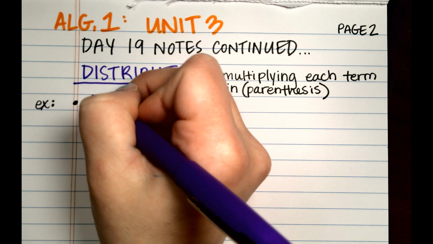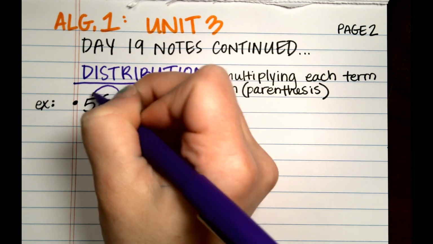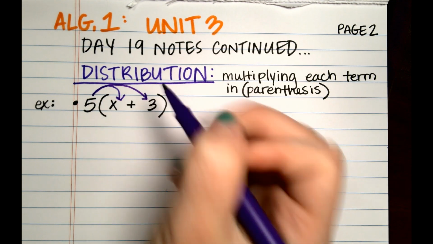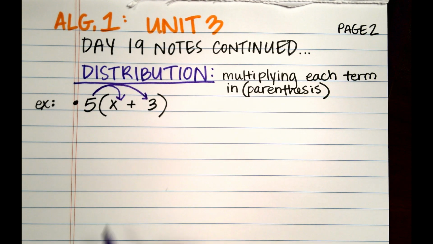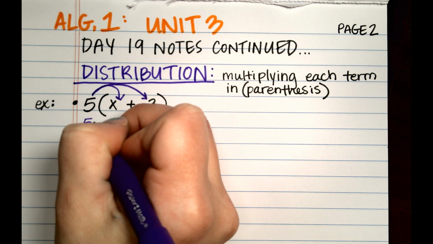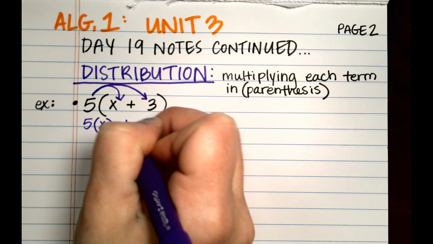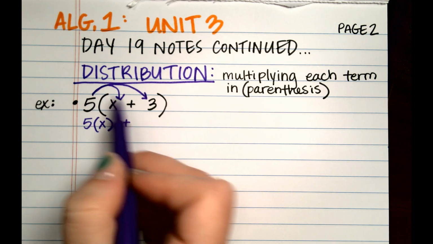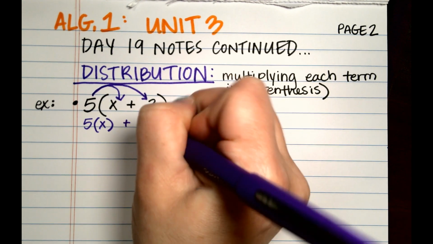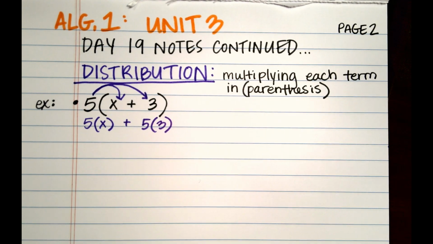Really what we're doing is 5 times x, bring down my plus, 5 times 3.